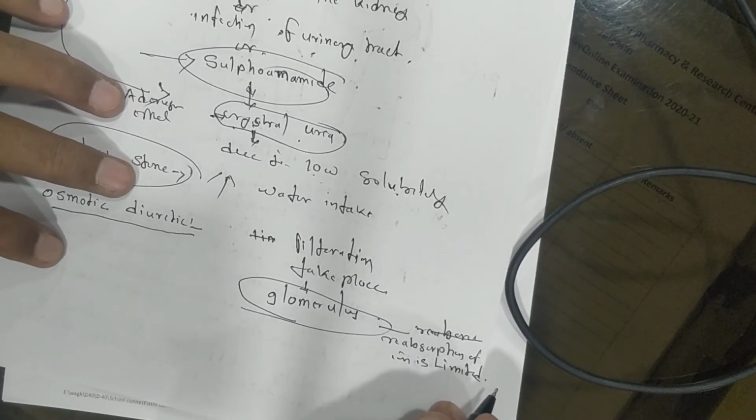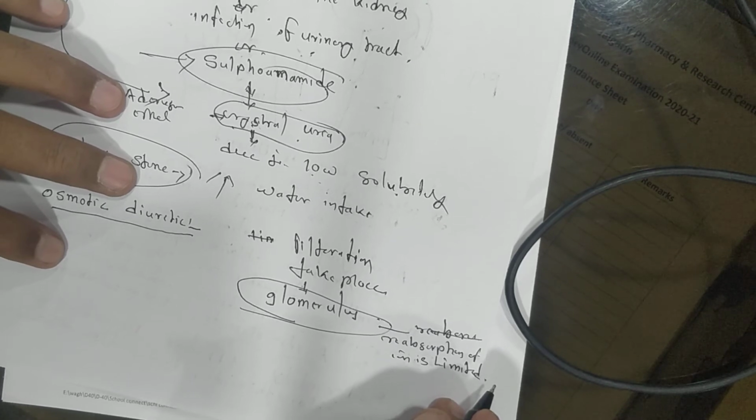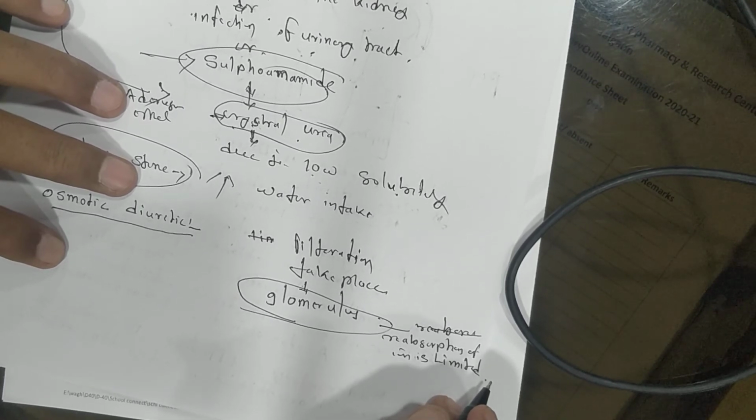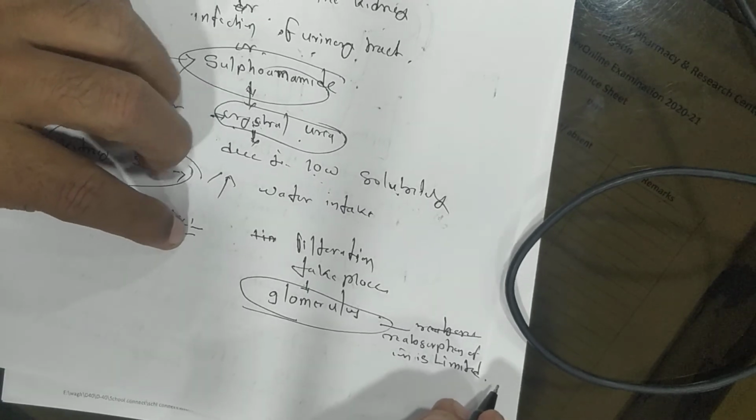Thus, when there is a sufficient increase in the amount of osmotically active solute in urine, this usually increases the urine volume, and such diuretics are useful in renal insufficiency.